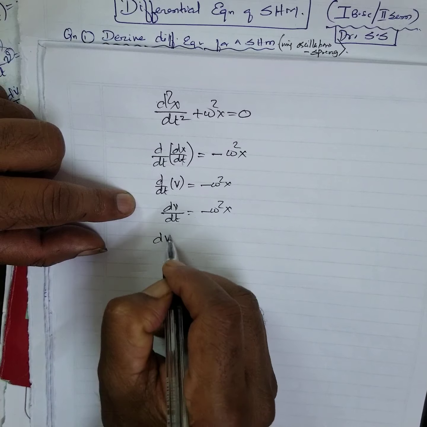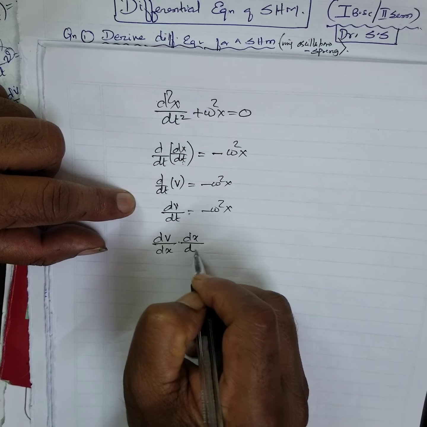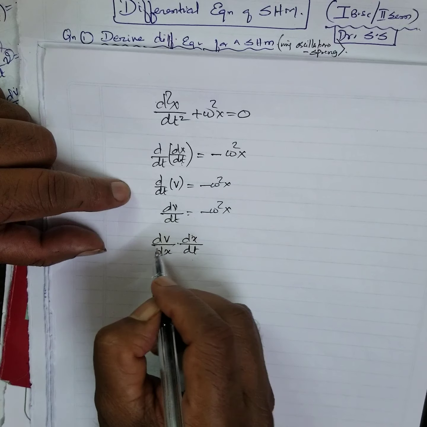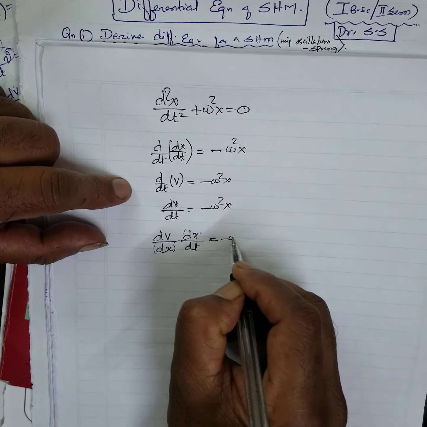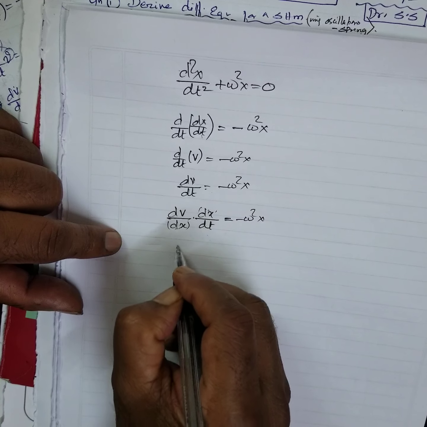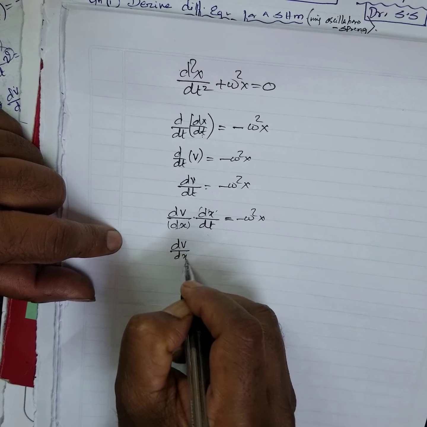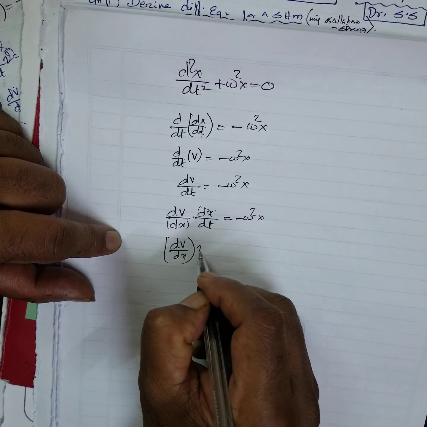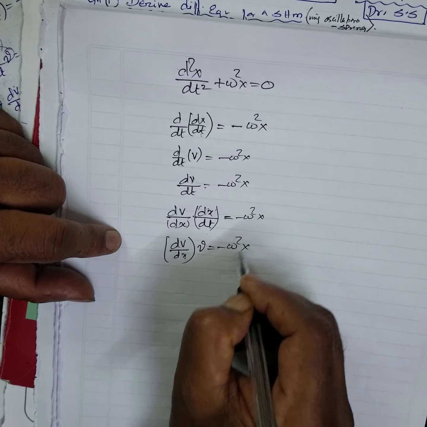Now what I do is, multiply numerator and denominator by dx, just introducing it. Now this is dv by dx, but dx by dt is what? It is v. So v dv by dx is equal to minus omega square x.